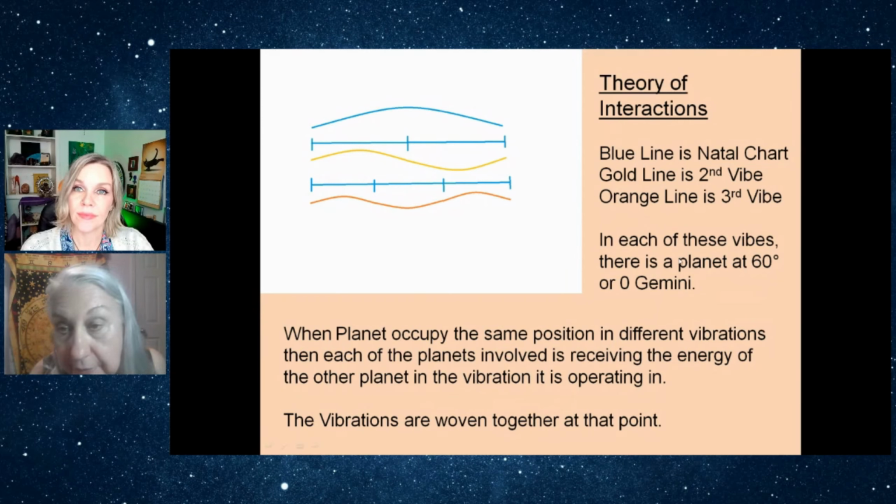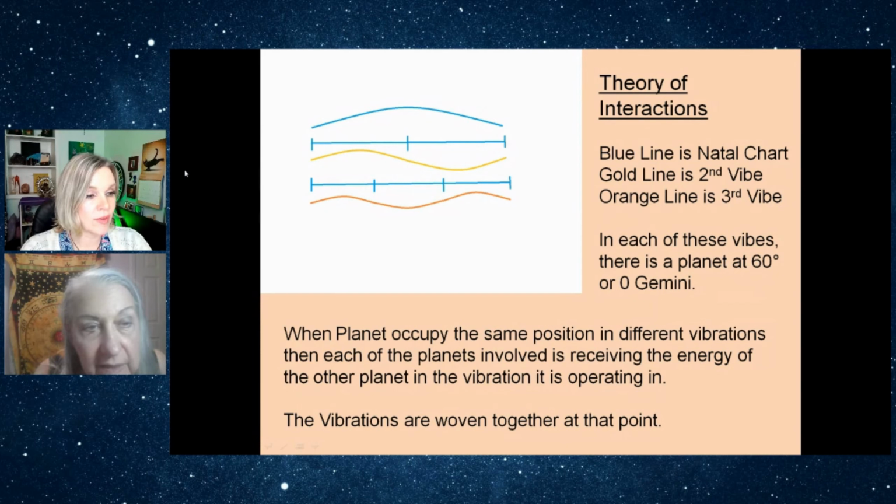But here's the theory. Now, the blue curving line at the top is the natal chart pattern for a planet that is at 0 Gemini. The yellow pattern, this is 2 vibrations, see the double curve, is for a planet in the second vibration that's at 0 of Gemini.